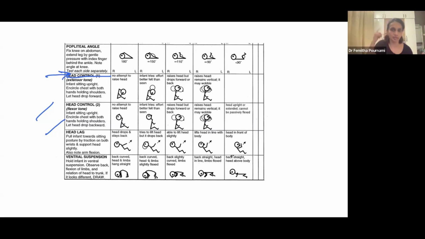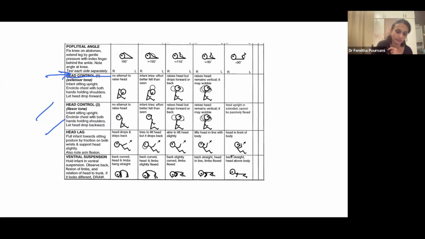Got it? Which means that your extensor tone should not be better than your flexor tone by a large degree. It may be a small difference. We'll see that in tone pattern, but you don't want the head to be predominantly like that. That is probably a sign of excess hypertone. Okay. So both may be low, both may be good, but you do not want the extensor to be very much higher than the flexor. That is an abnormal finding.